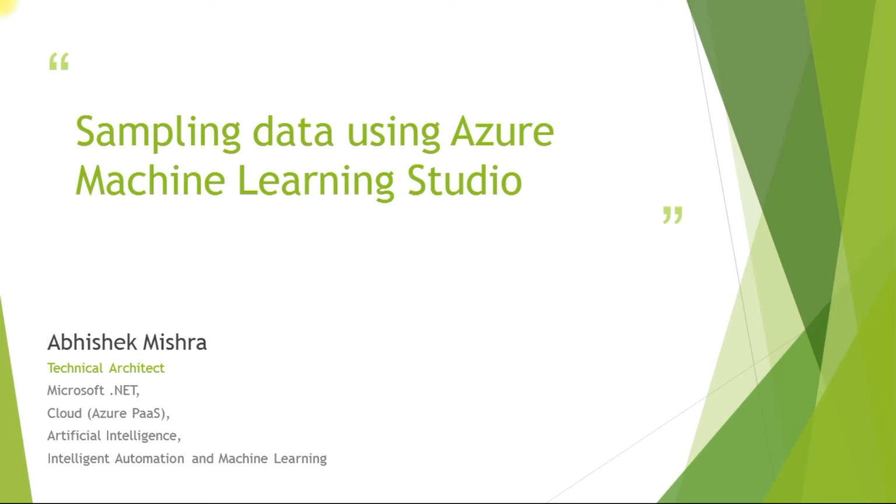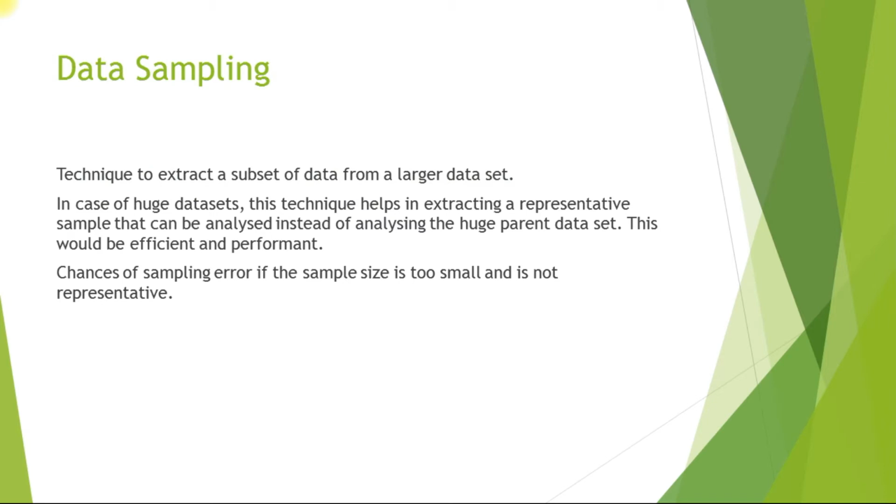Okay, let's get started. Before we get into the details, let us try to understand what data sampling means. Data sampling is a technique to extract a subset or a proportion of data from a larger dataset. When we have huge datasets, this technique helps in extracting a representative sample that can be analyzed instead of analyzing the huge parent dataset.